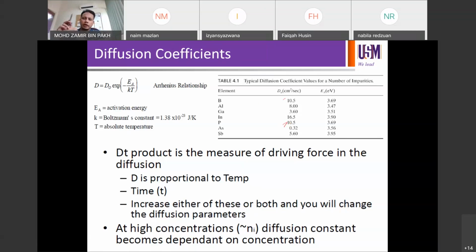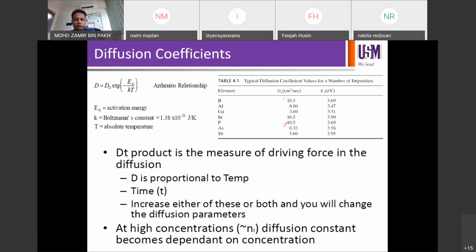You have seen in either the error function or the Gaussian equation, there's a term called Dt, which is the product of diffusivity times the process duration. It represents the driving force in the diffusion process. The higher the value of your Dt product, the higher the impact of the diffusion process on the silicon in terms of junction depth, for example.